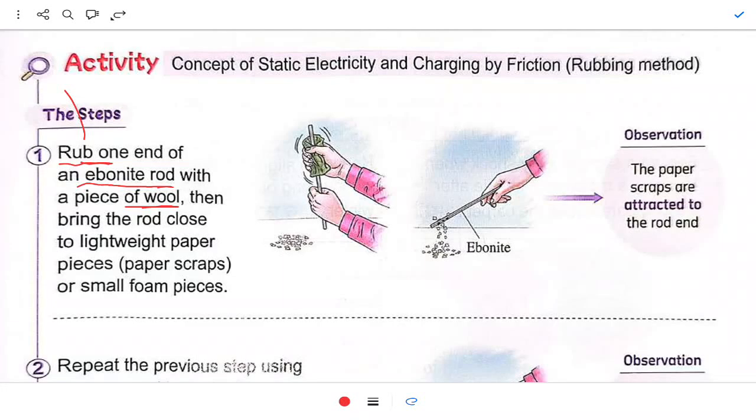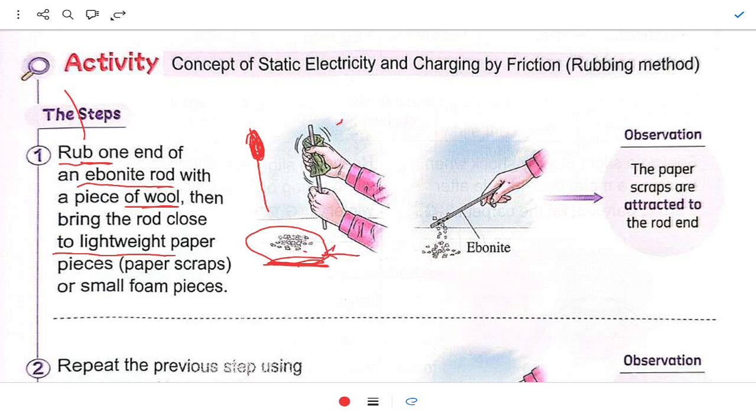Then bring the rod close to lightweight paper. You have some scraps here. Bring the rod near to it.